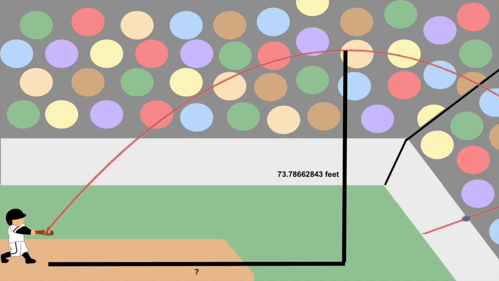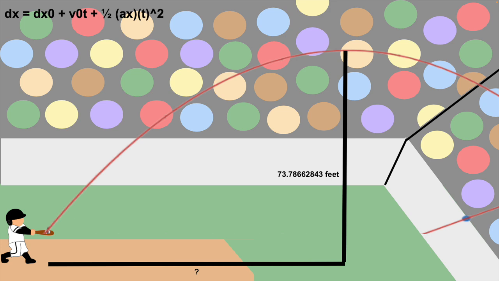Now let's calculate the distance when dy equals 73.78662843, or time equals 2.099525715. We can use the same equation we used for dy. dx equals dx initial plus v naught t plus half of a times t squared.